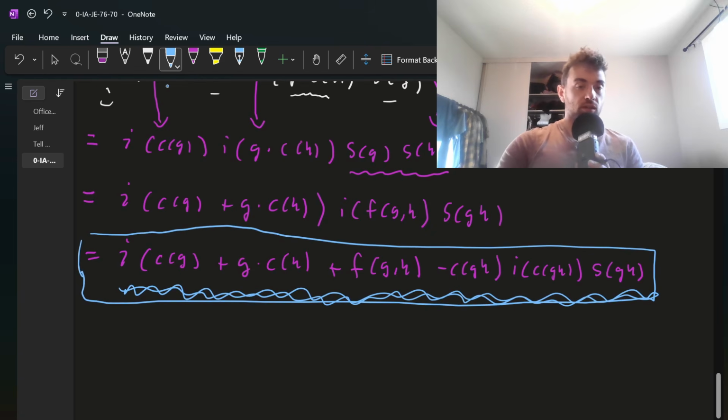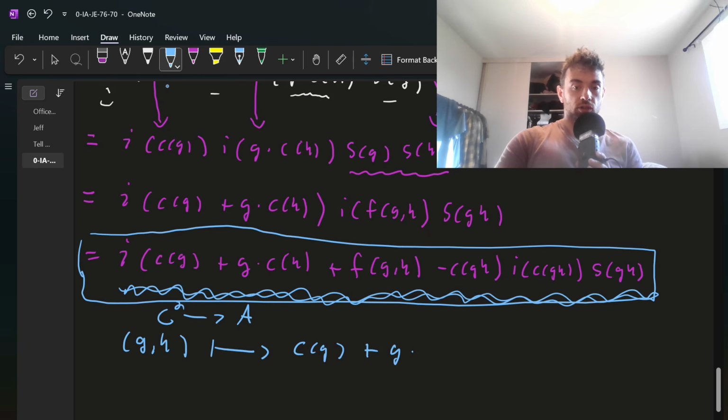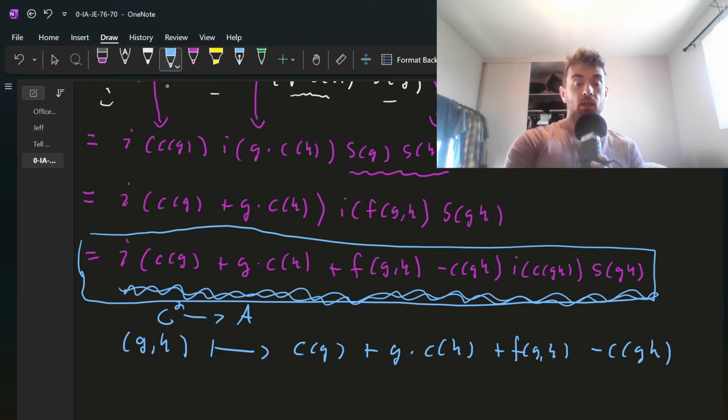The function that we would have called f, which goes from pairs of elements of G to A, is now the function that takes gh and sends it to c of g plus g dot c of h plus f of gh minus c of gh.